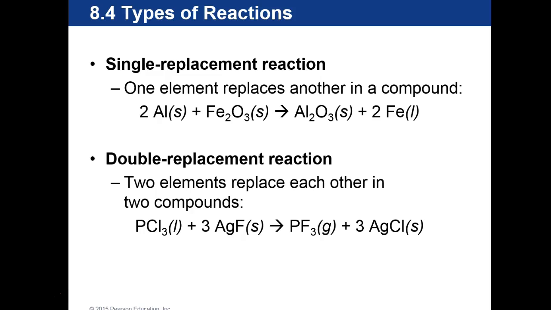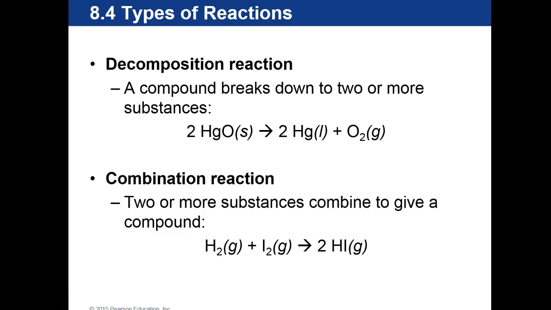A double replacement is where 2 elements replace each other in 2 compounds. And here you can see the PCl3 plus 3 AgF. The chlorine hopped over to the silver, and the fluorine hopped over to the other side. So 2 things switch spots. In a decomposition reaction, this is a compound that breaks down.